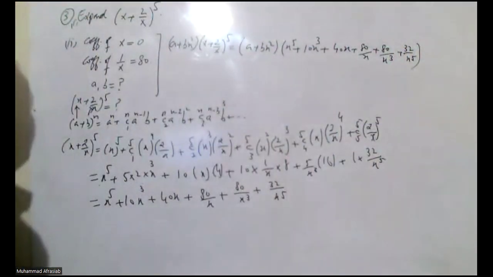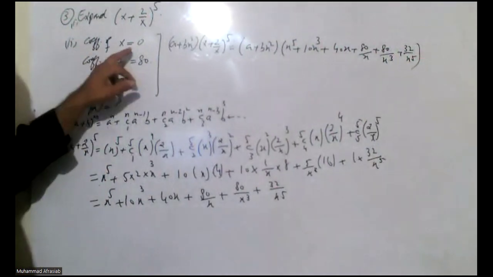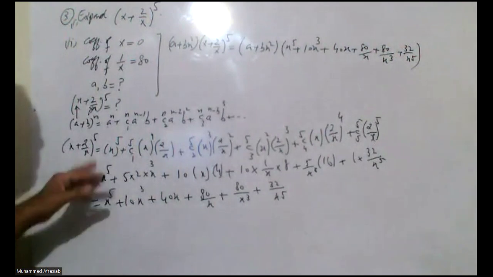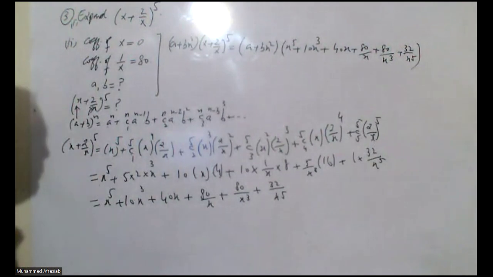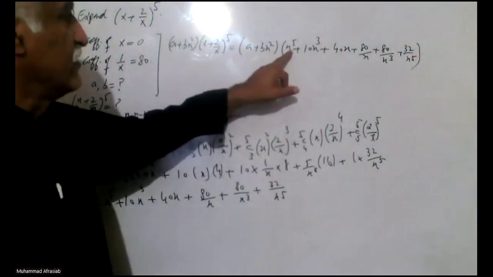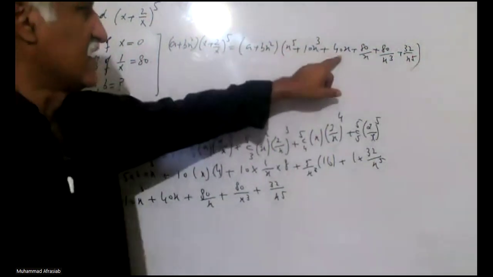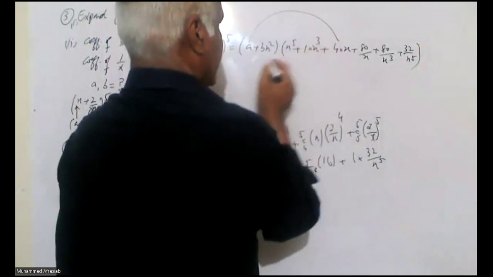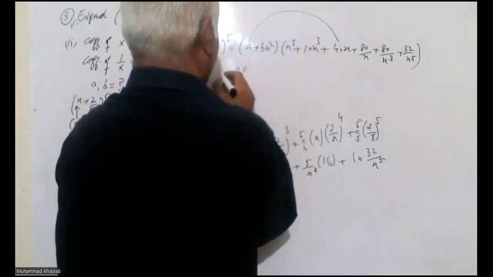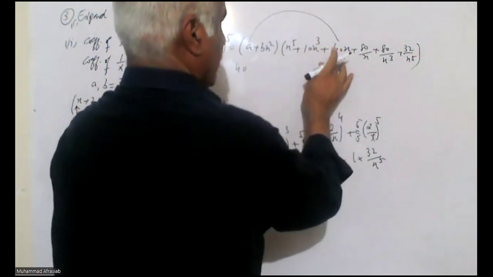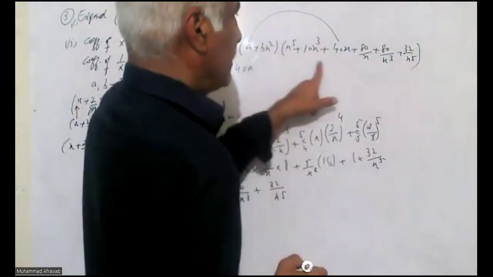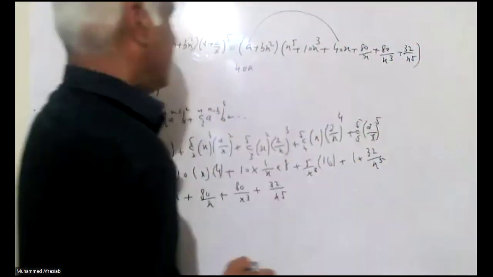Now they are saying that the coefficient of x is 0. So the coefficient of x means what? There's only power of x is 1 there. So a is going to be multiplied by this, that is 40, so 40a into x, plus there is no other term of x there.